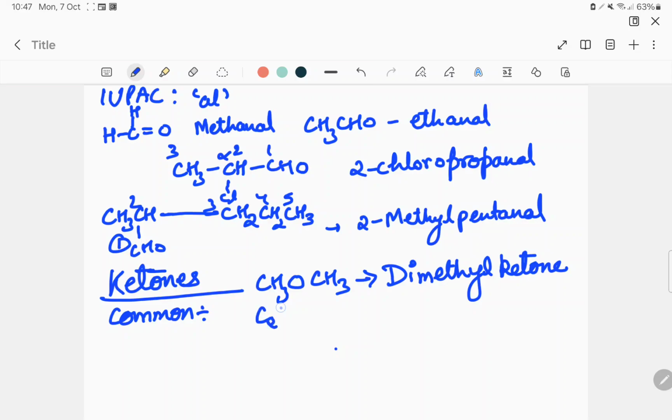Similarly, C2H5 CO C2H5 is going to be known as diethyl ketone.